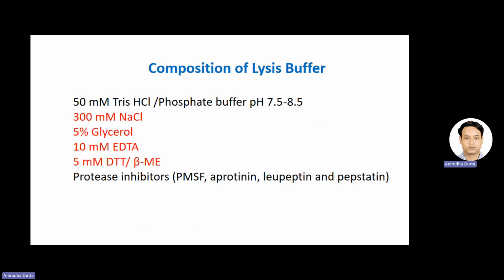And then finally, protease inhibitors. We should definitely add some protease inhibitors like PMSF, aprotinin, leupeptin, pepstatin. These are protein or peptide molecules that inhibit different kinds of proteases, so that our protein doesn't get degraded by the cellular proteases.